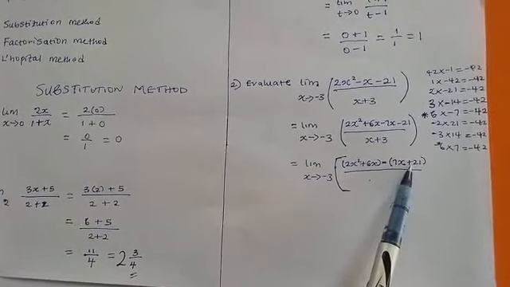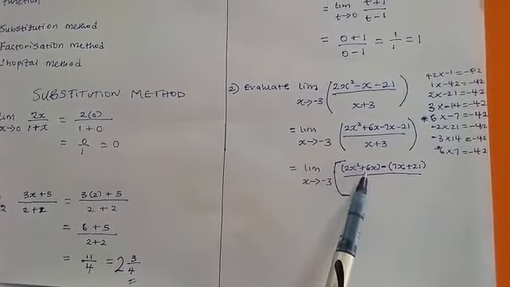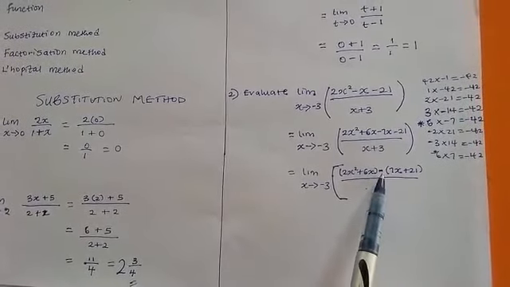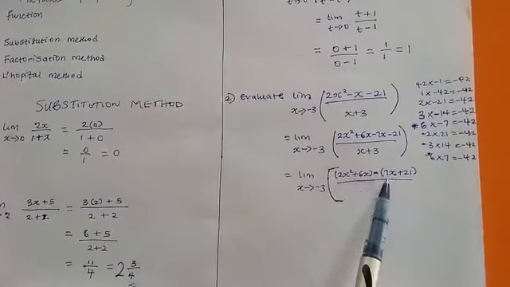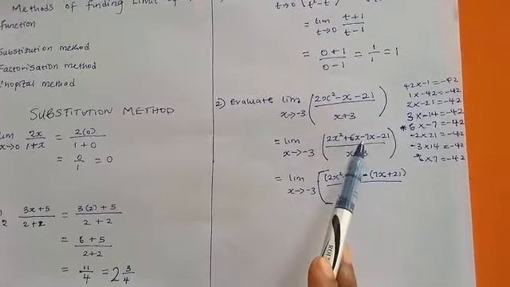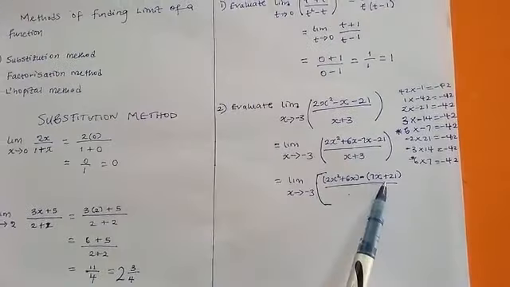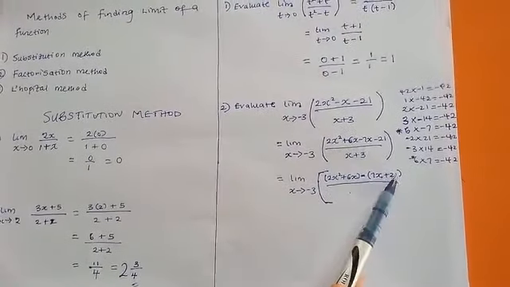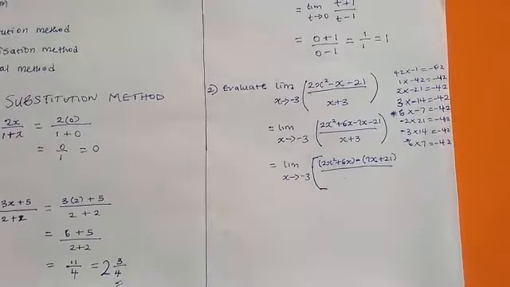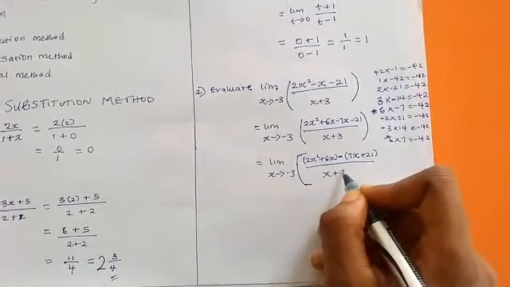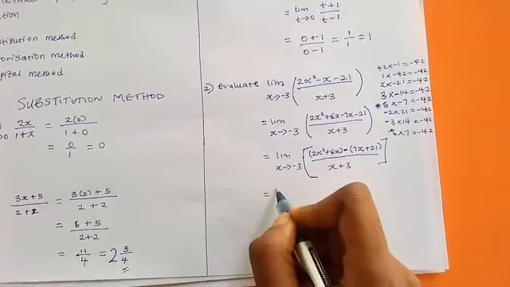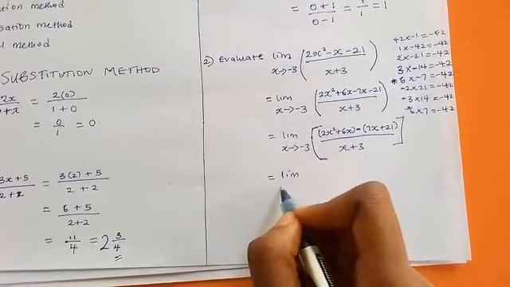That's the rule: the sign here must be the same as the sign here. Why? Because if we open this bracket with this minus, we eventually get this back. Minus times 7x will give you minus 7x. Minus times plus gives minus, and you have your 21. Then you close the bracket.